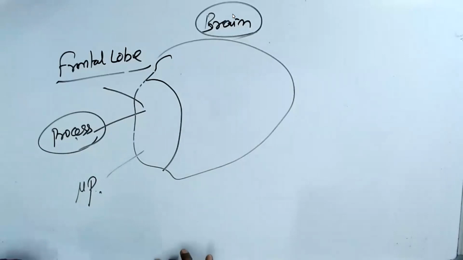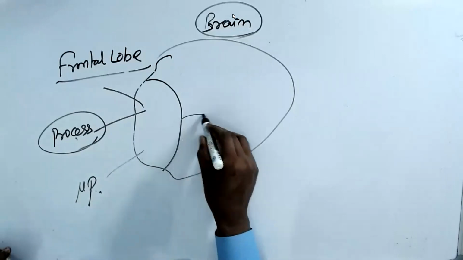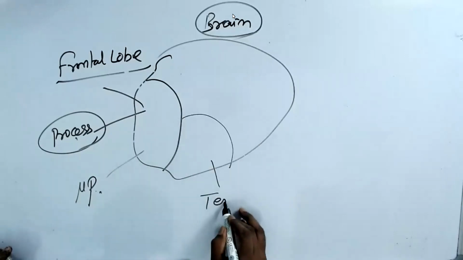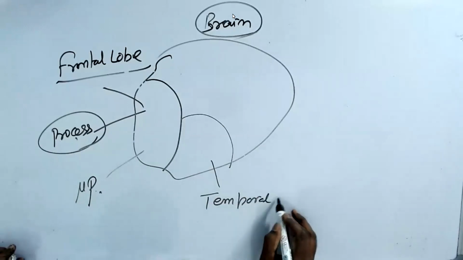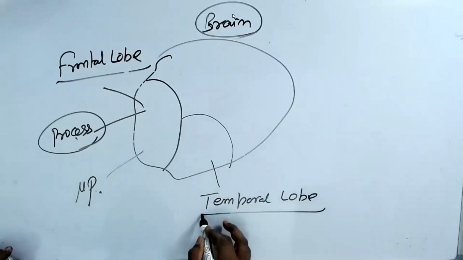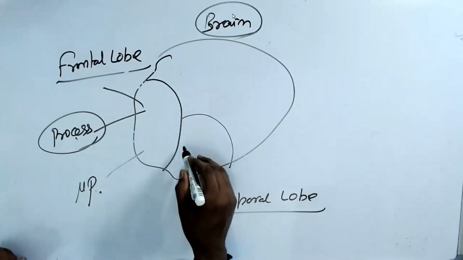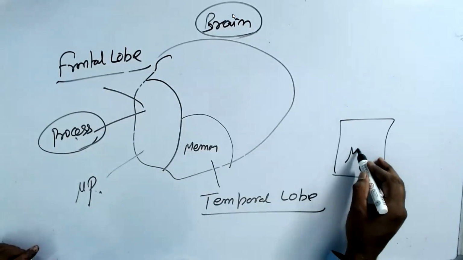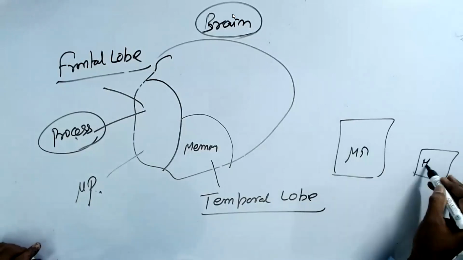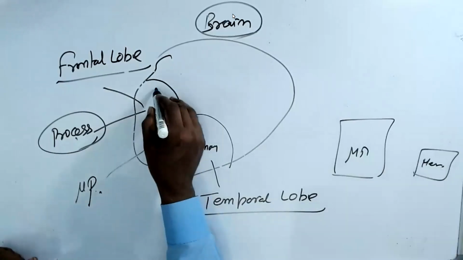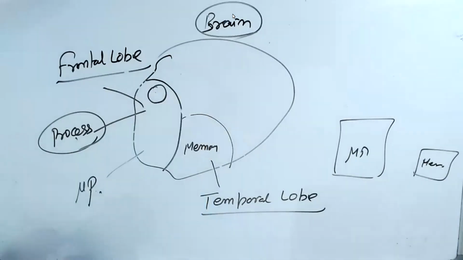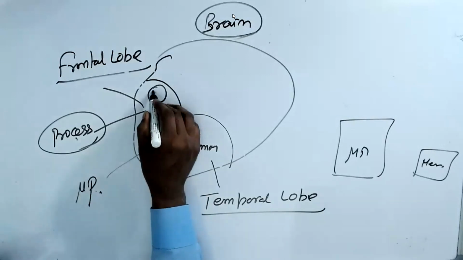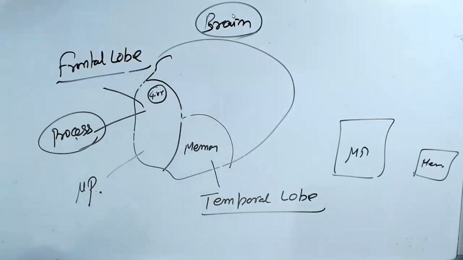Now, this guy has one more area called the temporal lobe. This is nothing but memory, like what we have, microprocessor plus memory. This guy also has a small memory inside. That's why when I ask you 4 plus 5 multiplied by 6, you do everything here, all temporary operation. Understand?